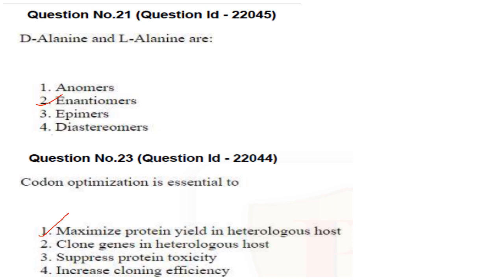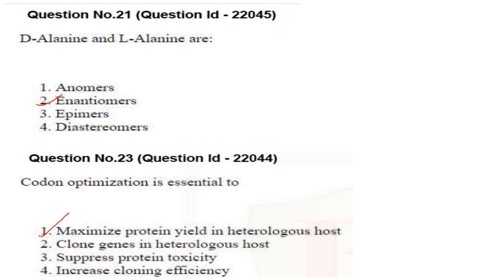But in bacteria, instead of GCU, if other codons come, they will not be accepted by the bacteria and it will result in stalling of the ribosome during protein synthesis, or there may be incomplete protein production, etc. So that is seen usually in heterologous condition.